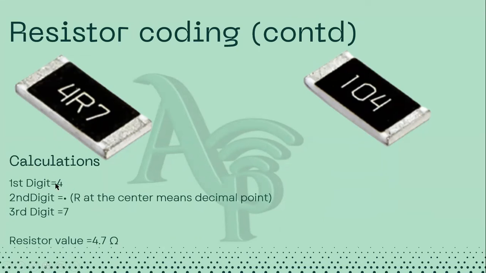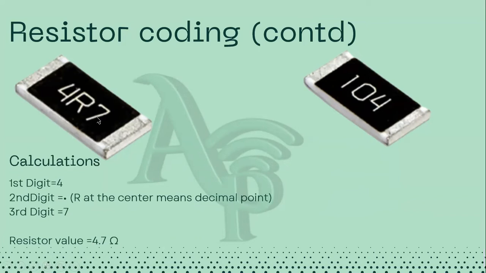Take note, when you see a letter, an alphabet, in between two numbers, like 4R7, this letter represents a decimal point. So we have 4 point, then the third digit is 7. So the value of this resistor is 4.7 ohms.